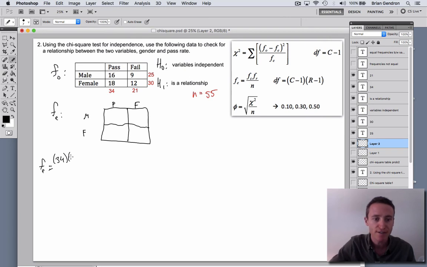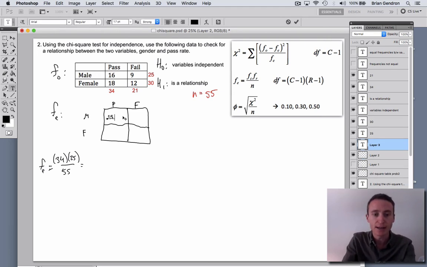So 25 in that row, divided by n, which is the number of people in your entire study. All right, so 34 times 25 divided by 55 gives me a value of 15.45.